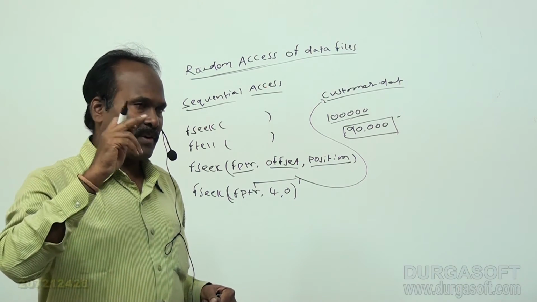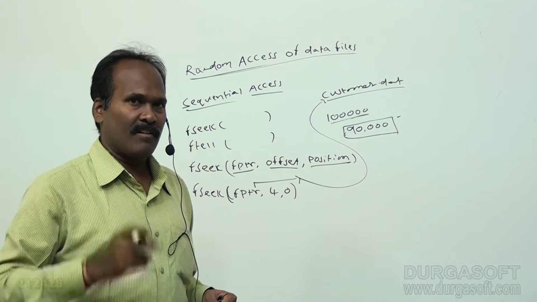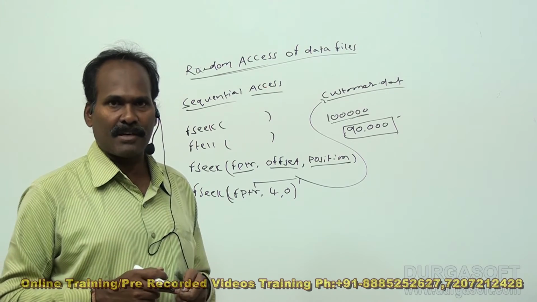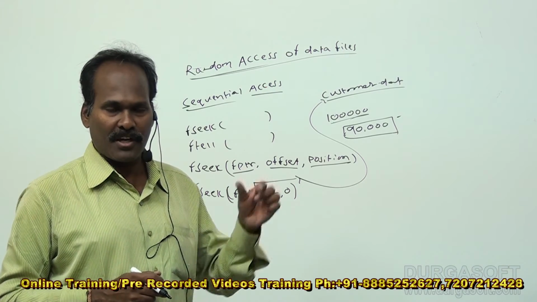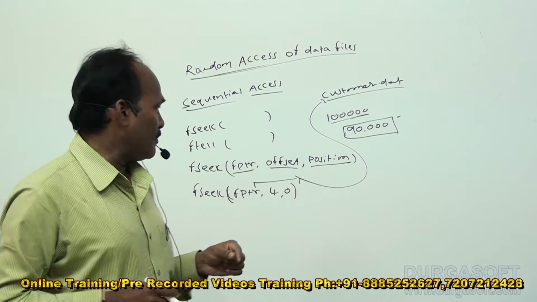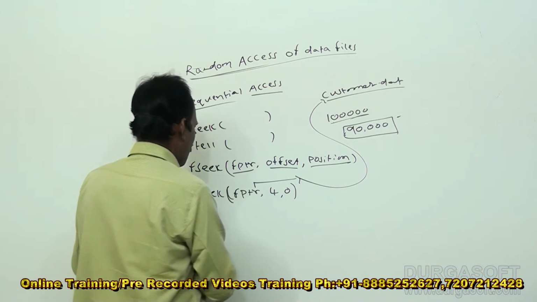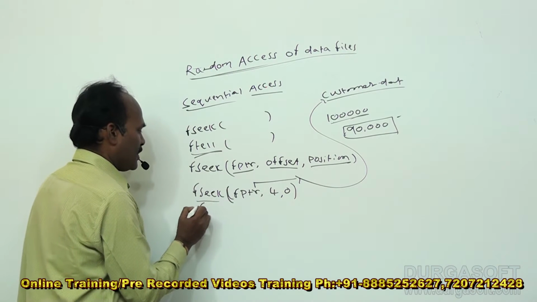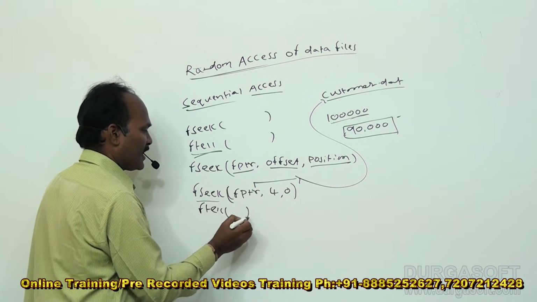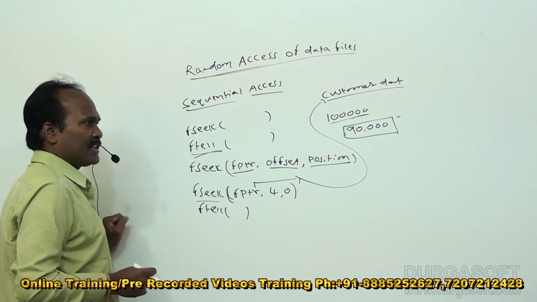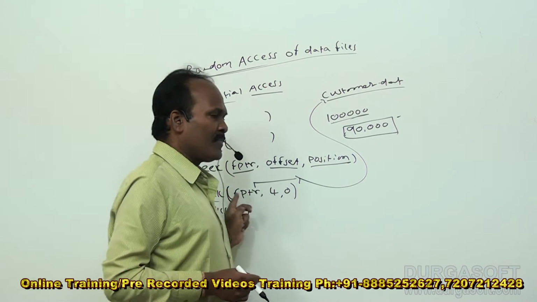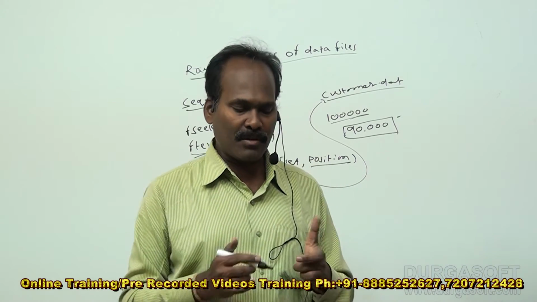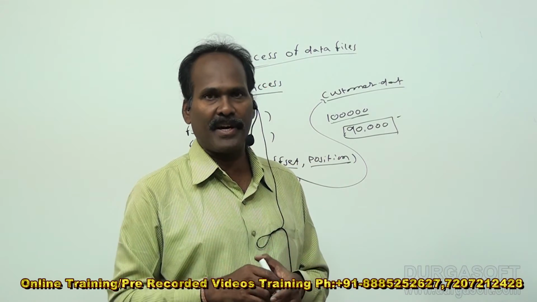If you want to read the 10th record, it is 10 into the size of the structure, because the file pointer will be placed by fseek. The ftell function is going to tell the current location of the file pointer. Like this, I can use the fseek function to place the file pointer on the required position, and ftell gives the location where the file pointer is located.